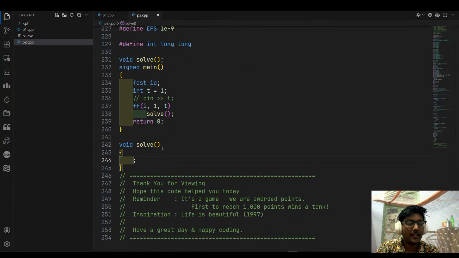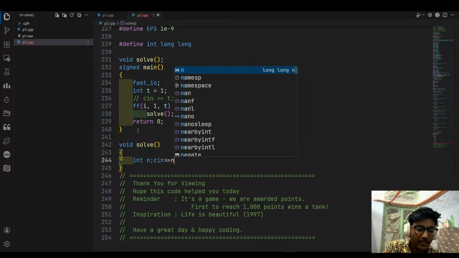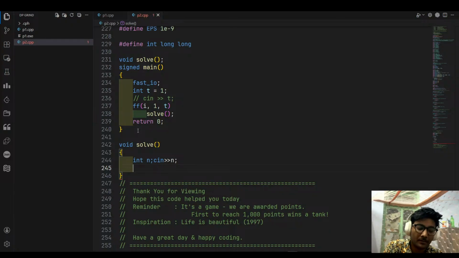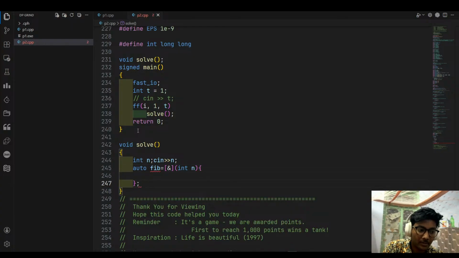So let's try to define our usual Fibonacci function. An int n is given as input, and I want to calculate the nth Fibonacci number. So of course we can just define the function that will take parameter n. For that I want the nth Fibonacci number.